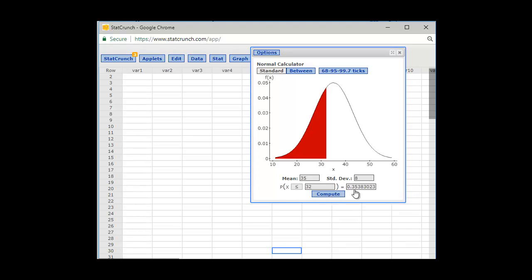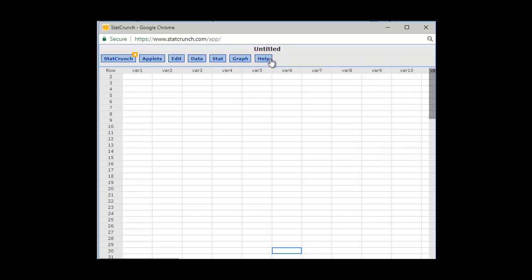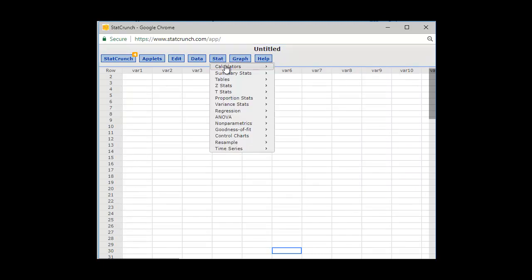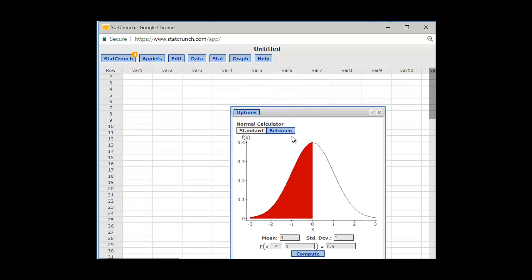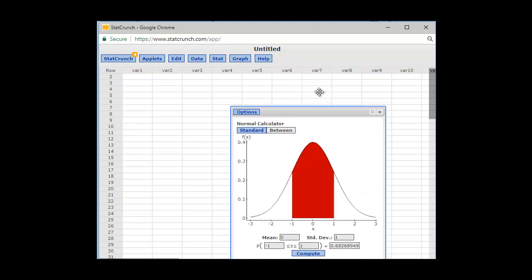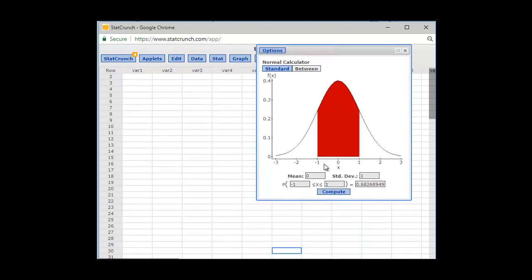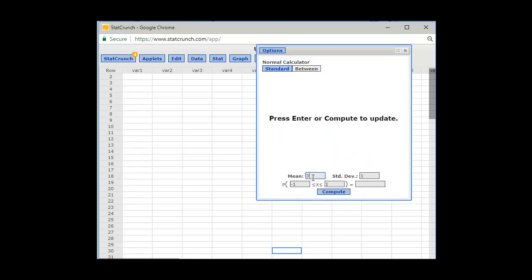I want to do a between problem now. I'll do one of our last problems, our between problems. We had Stat, Calculators, down to Normal. And this time I'm going to hit the between. I'm going to put in my mean of 35, my standard deviation of 8, and again I'm looking at my x values.